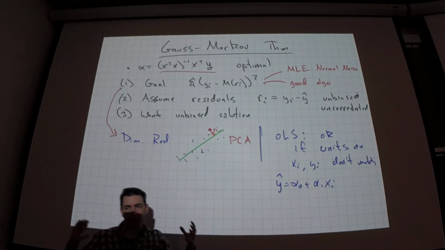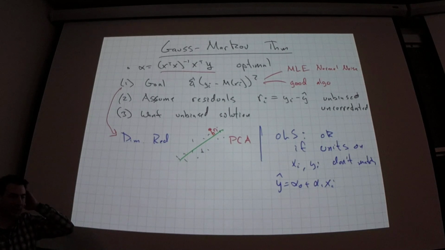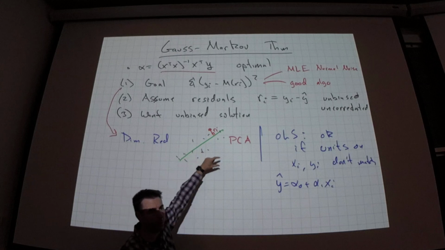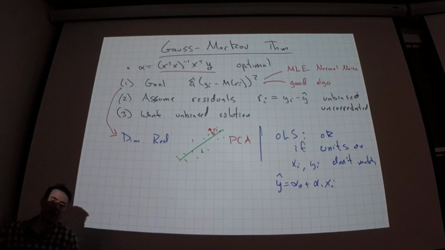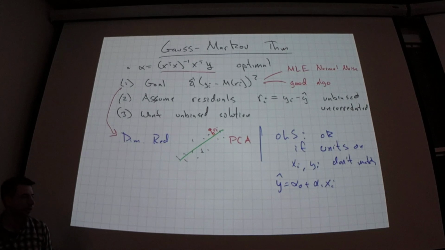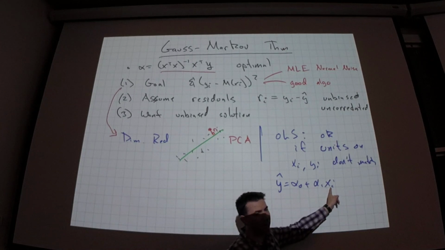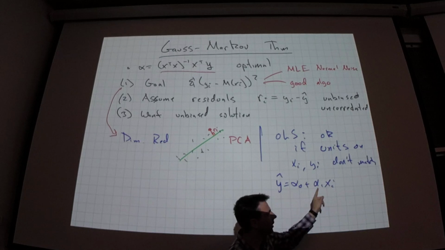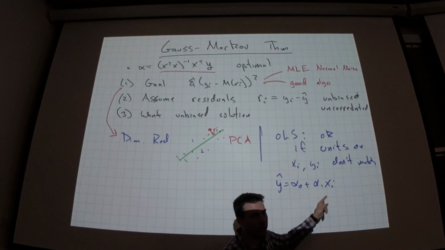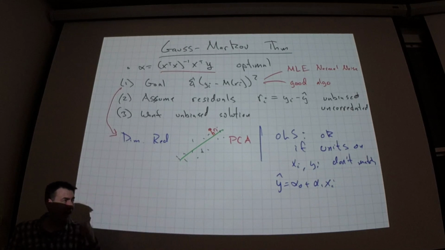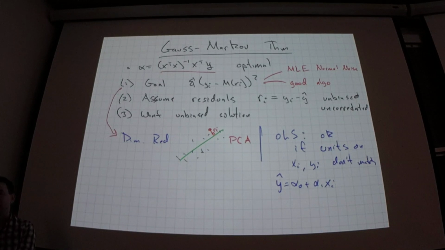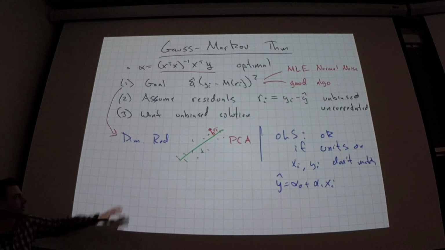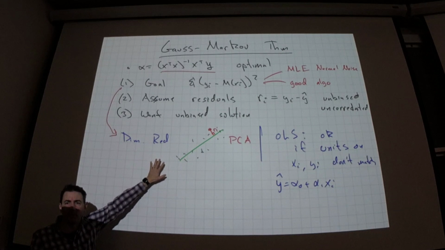It's going to convert the units for us. Because the error is only measured in the y direction, it doesn't care about the units there. If I change the units of x from feet to inches, well, that just factors into alpha 1. Okay, so it can handle different units here. The stuff we're going to talk about that add a bias into it won't be able to do this, but in the case of just the basic ordinary least squares, it can handle different units. This one can't. But it's a different model.